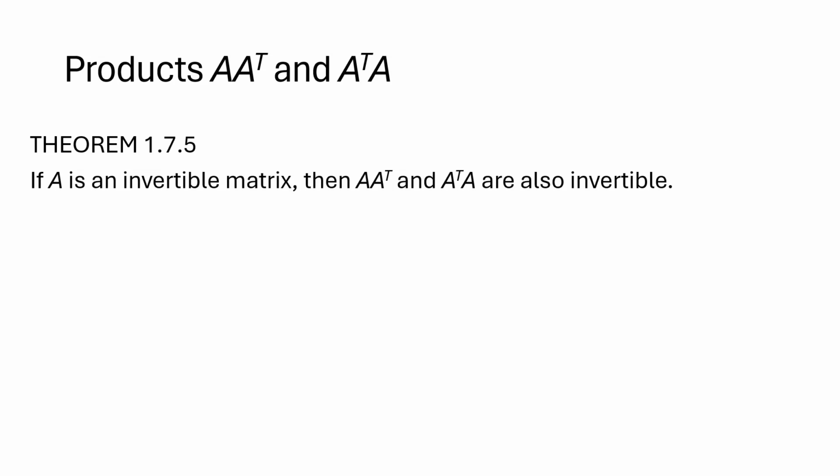Since A is invertible, the transpose of A is also invertible according to theorem 1.4.9. Therefore, the products A times the transpose of A and the transpose of A times A are invertible since they are products of invertible matrices. And that's all for this presentation.